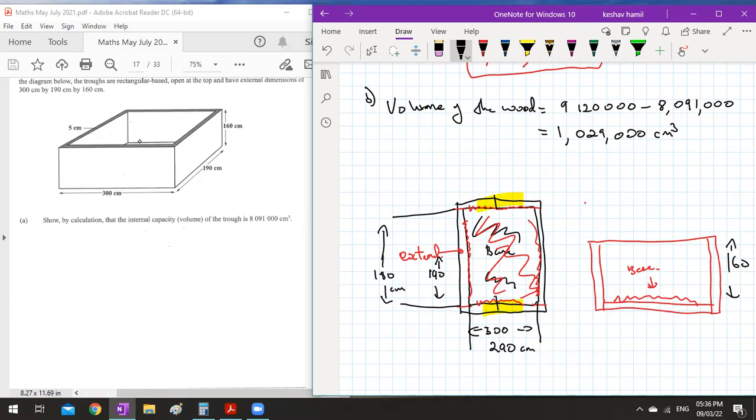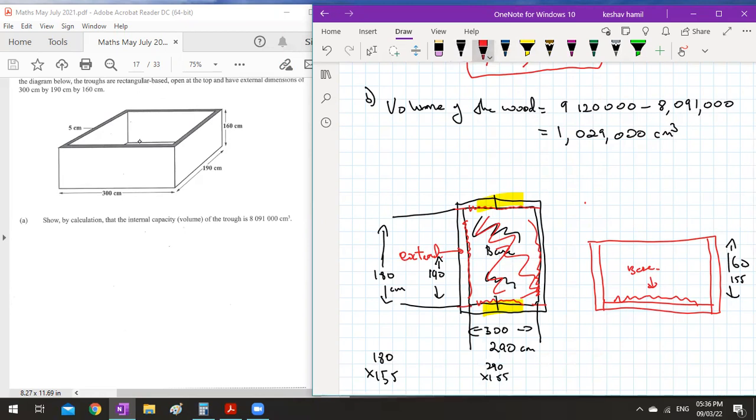Now, in the height, it wouldn't be 160, but it would be 155 because you're losing part for the bottom. So the surface area of this wall will be 180 by 155. The surface area of this wall will be 290 by 155.